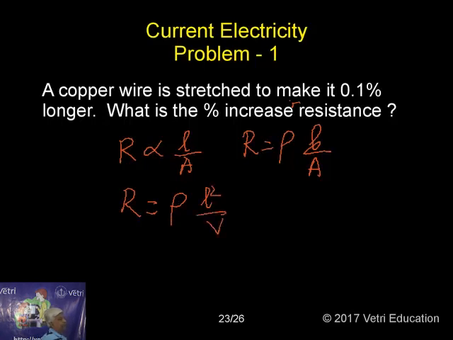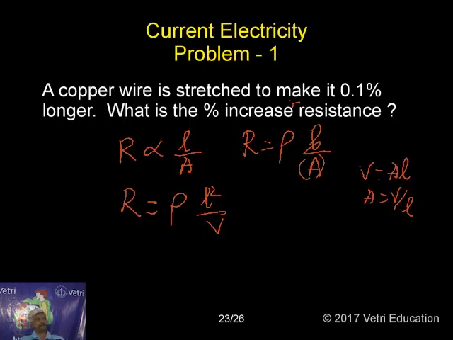Why did I put it like that, with volume? Because we know volume is equal to area into length. Therefore, area is equal to volume by L. So this A can be replaced by V by L. Therefore, L goes to the numerator: L squared by V. Here V is called volume, which is area into length.